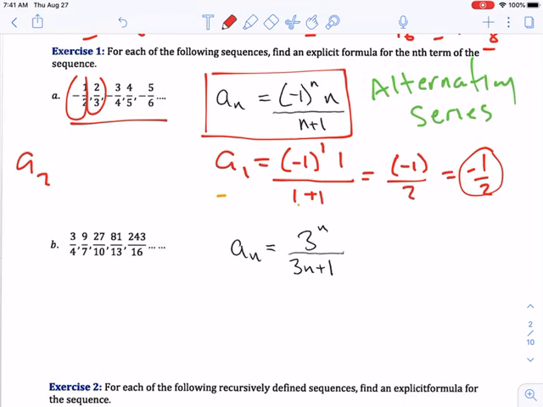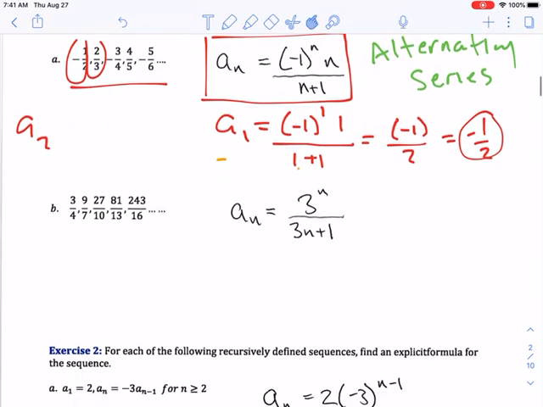All right, let's take a look at the next one. This one's a little more challenging. And this one, again, I want to look at the numerator and the denominator. And I gave you the answer here already, of course, to take a look at. Now, again, we're going to take a look at the numerator and denominator separately.